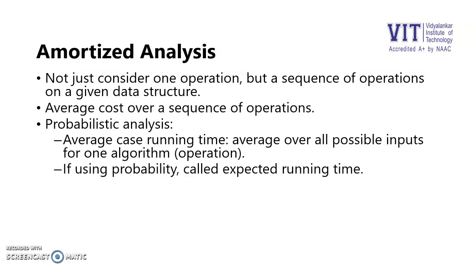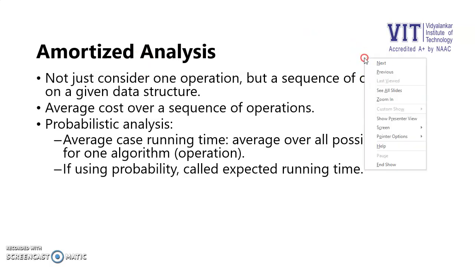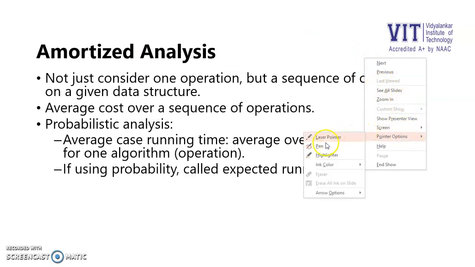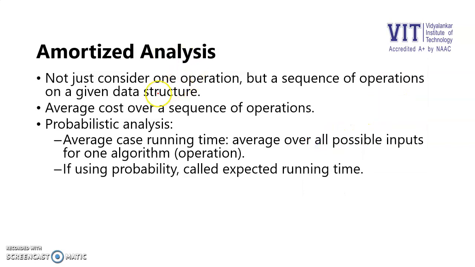So basically in amortized analysis, the important point is we are interested in finding the average cost over the sequence of operations. We will not consider one operation but a sequence of operations, and the average cost over the sequence is what I'm interested in. When it comes to probabilistic analysis, average case running time is the average over all possible inputs for one algorithm, and if using probability, what we get is expected running time.